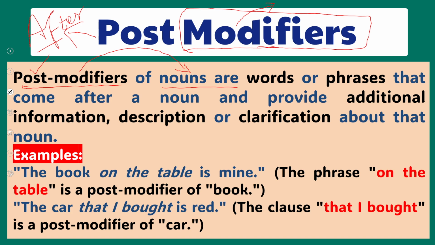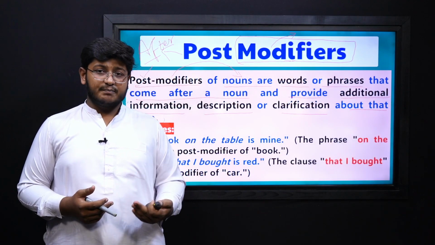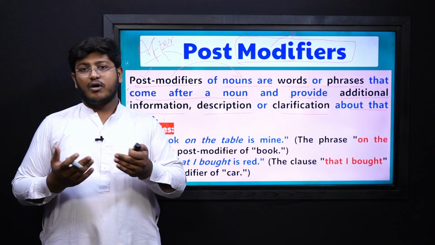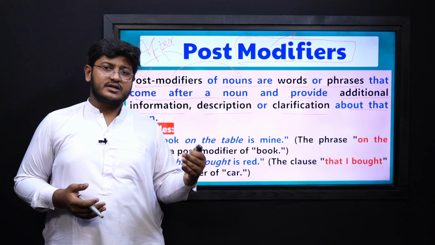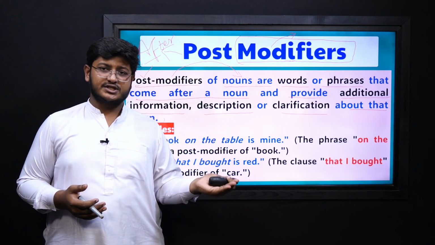So post modifiers of nouns are words or phrases that come after a noun and provide additional information, description or clarification about that noun. They make the noun more comprehensive, more understandable, more descriptive, and give extra information about the noun.